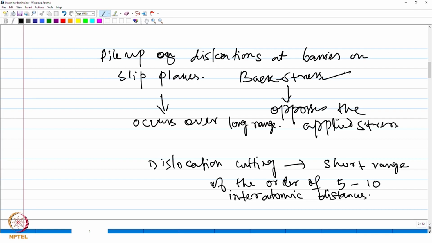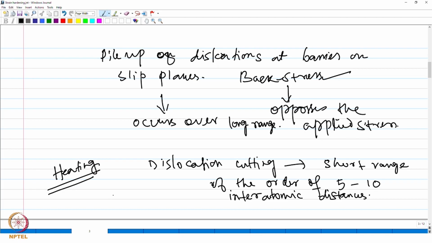Okay? And the other one is due to dislocation cutting mechanisms, which come up when dislocations move on the slip planes and interact with other dislocations moving on the slip plane. So the hardening due to the dislocation cutting mechanism occurs over short range, and hence the effect of cold working can be removed by thermal energy, that is heating to some elevated temperature.